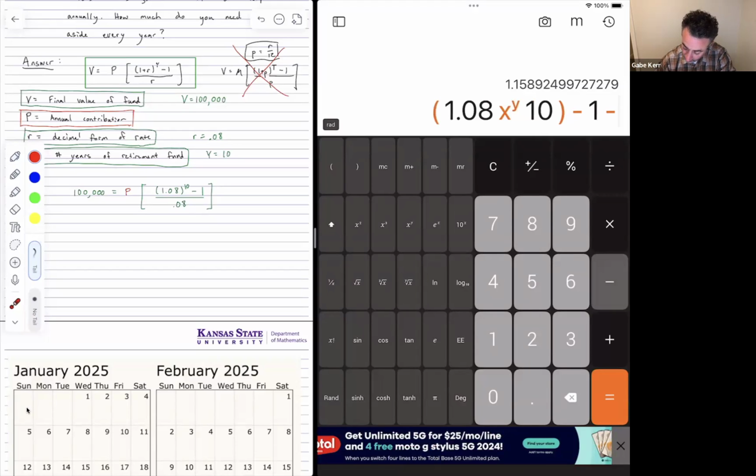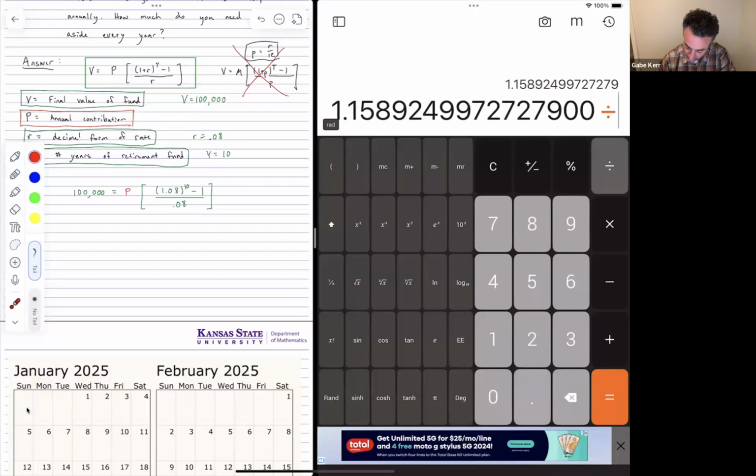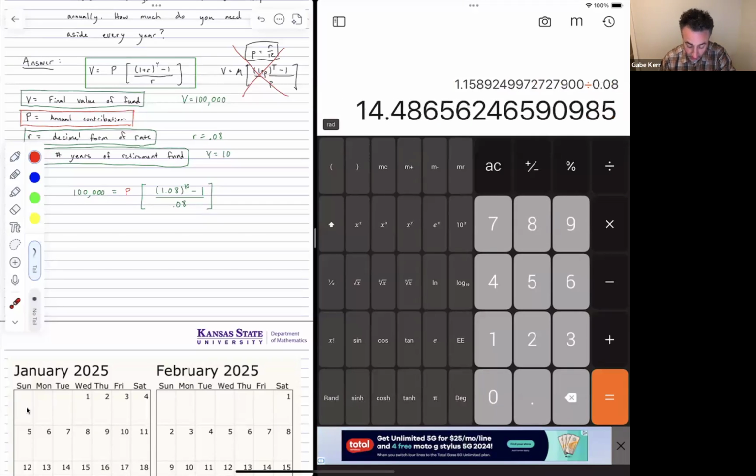Pardon me, I missed my parentheses there. Okay, I'm going to subtract 1, get an equality, and then divide by 0.08. Okay, and the answer I get is 14.4865.